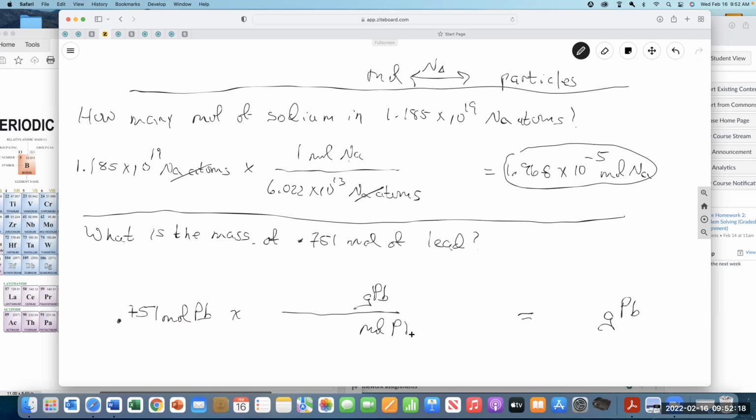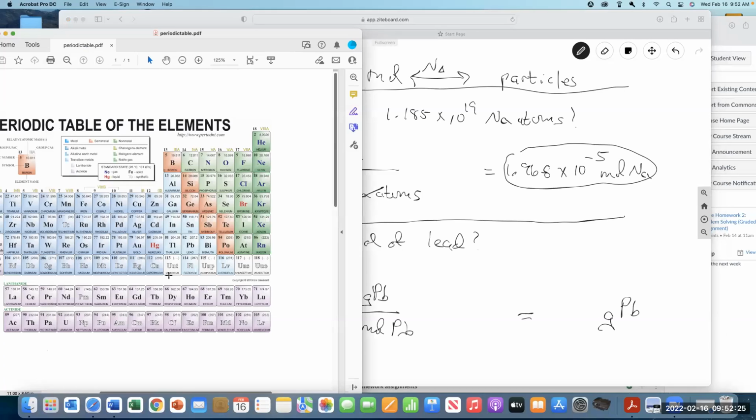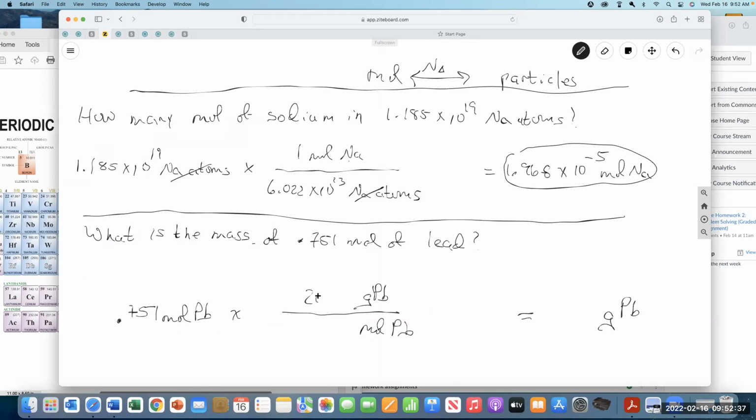And hopefully, when you've gotten a little bit of practice with this, you'll go, aha, that's the molar mass. And I can always get the molar mass off the periodic table. Lead, I know it's a little small here, but hopefully, again, I think I suggested this, print a periodic table and have it handy for yourself. It's 207.2. And I got that right off the periodic table.